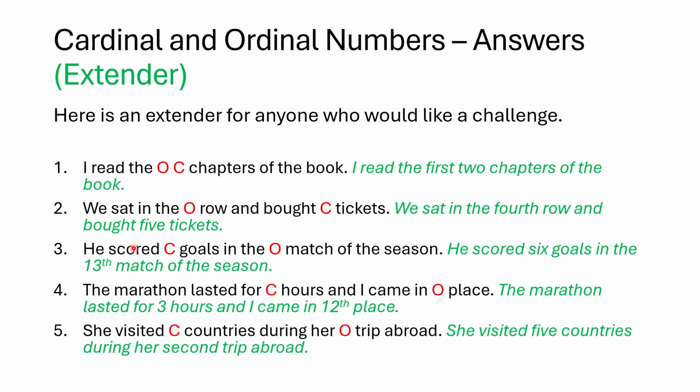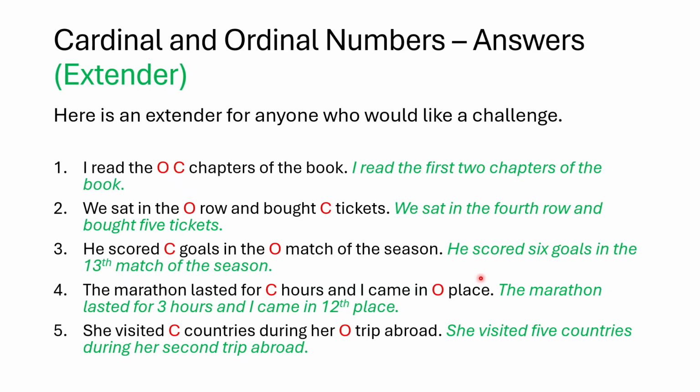3. He scored cardinal goals in the ordinal match of the season. For example, he scored 6 goals in the 13th match of the season. 4. The marathon lasted for cardinal hours and I came in ordinal place.